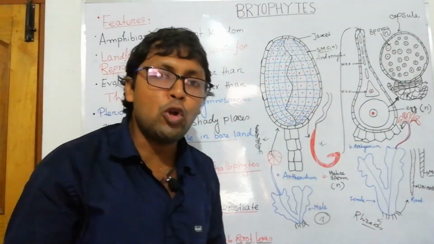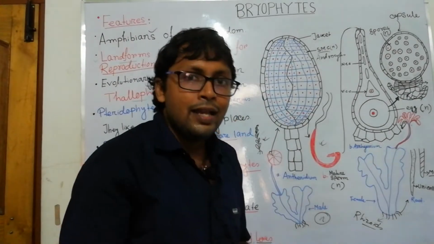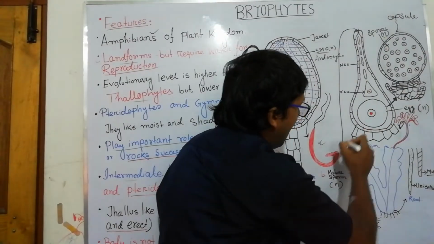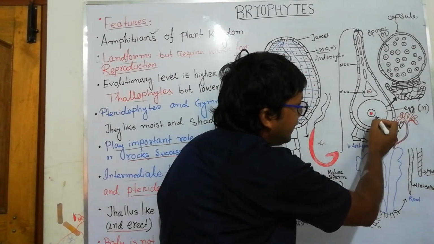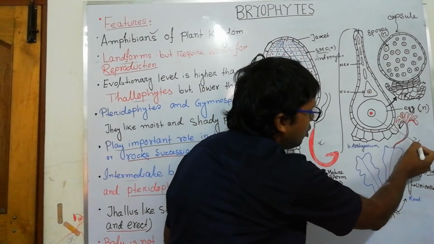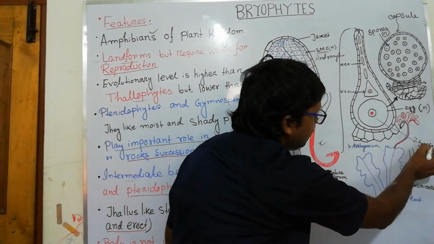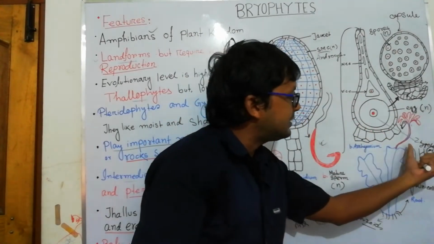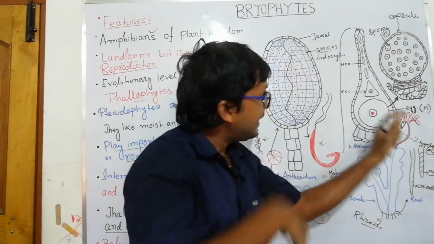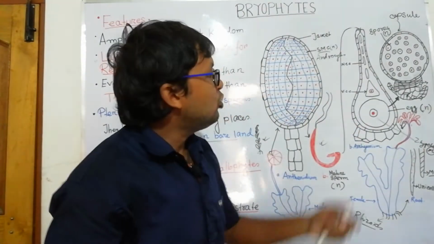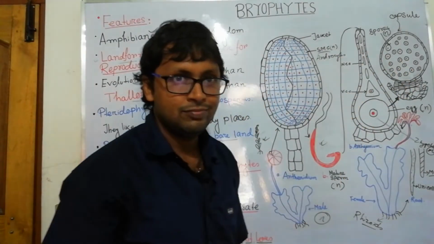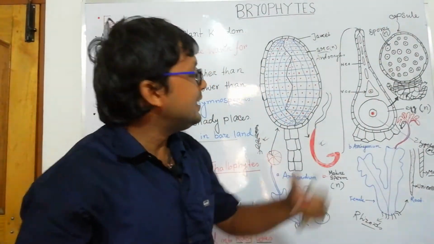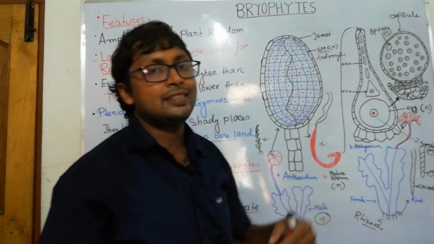It's called sporogonium, where they divide meiotically. This egg will be converted into zygote, that is 2N. But this diploid zygote structure, this sporophyte, again divides meiotically to form haploid spores, and the structure is called sporogonium.